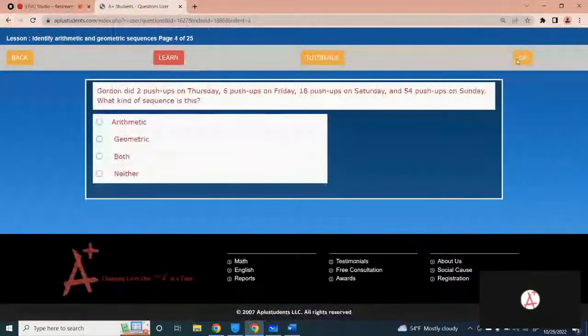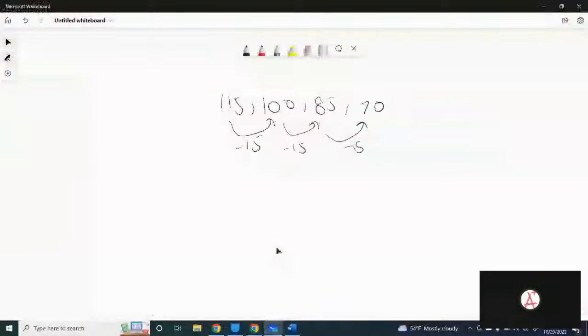Okay, Jordan did 2 push-ups on Thursday, 6 push-ups on Friday, 18 push-ups on Saturday, and 54 push-ups on Sunday. What kind of sequence is this? Okay, the numbers are 2, 6, 18, and 54.